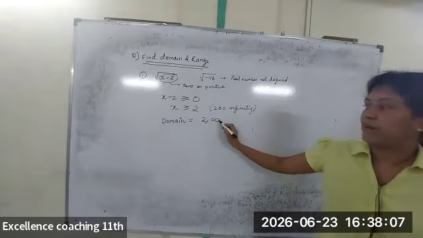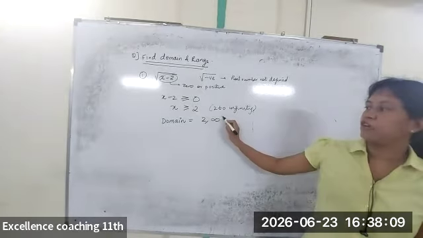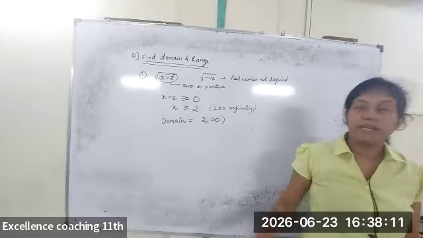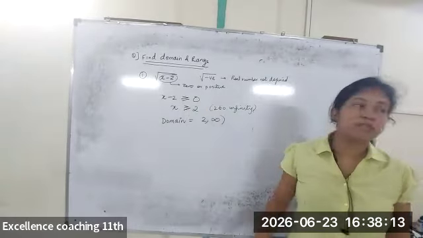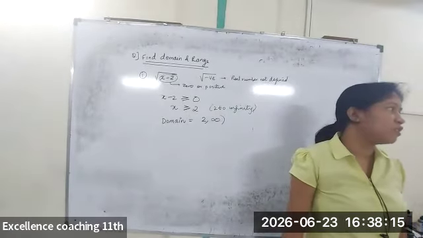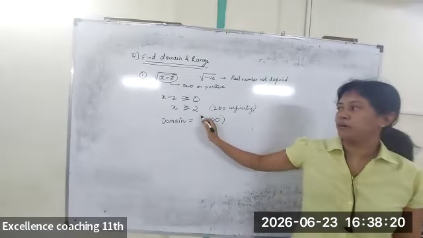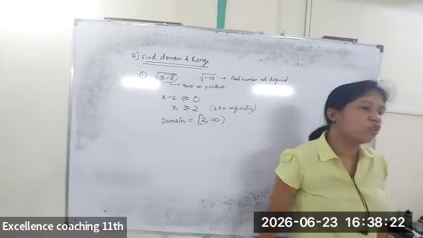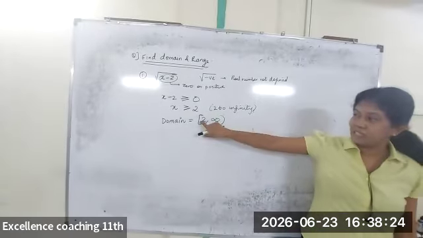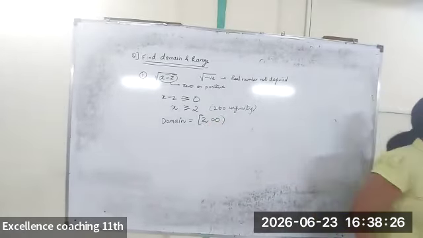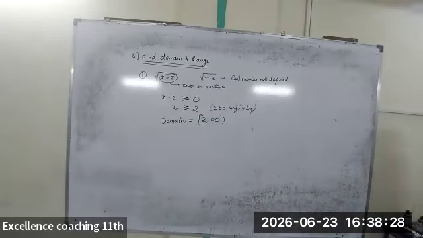Now, how to write it? I told you, for infinity you always put a round bracket. If there is an equal to sign, which bracket to use? I taught you in intervals, the square bracket. If there is no equal, then we use a round bracket. So this is your domain. The numbers will start exactly at 2 and carry on: 2.1, 2.2, anything you can give.